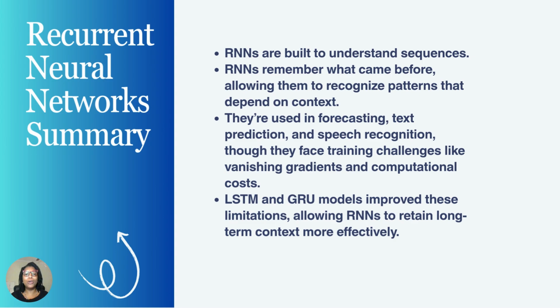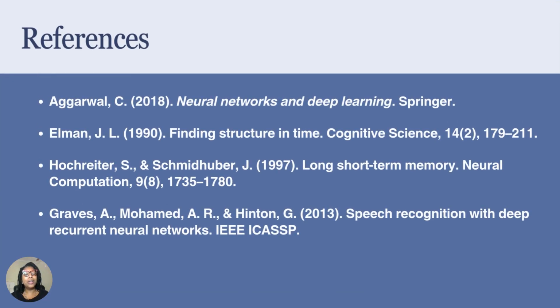But we have long short-term memory cells and gated recurrent unit models that improve those limitations and allow recurrent neural networks to retain long-term context more effectively. So I hope you have a better understanding now of recurrent neural networks.